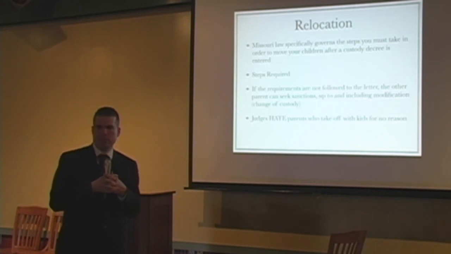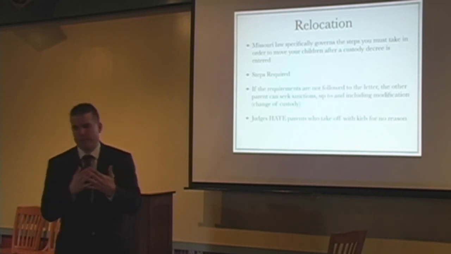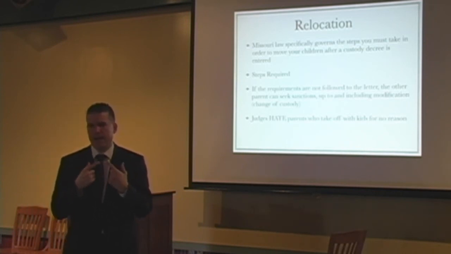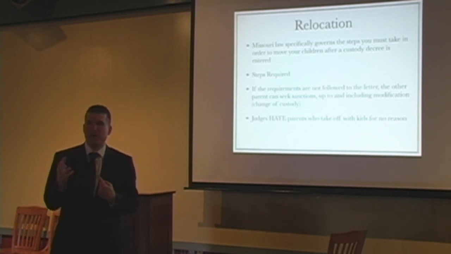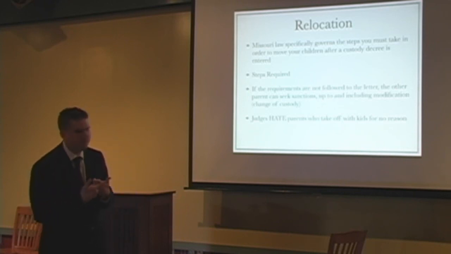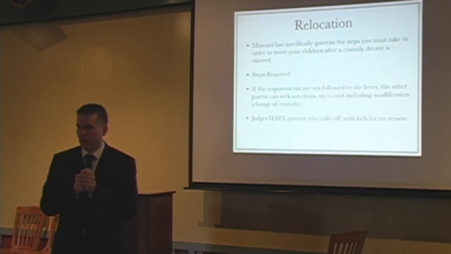Now, the most important thing, well, there's two very important things. Maybe the most important is that if those requirements are not followed to the letter, the other parent can seek sanctions up to and including modification. If you up and leave, the other parent can have your children brought back, and you can lose custody of them. And judges, well, they hate parents who take off with their kids for no reason.